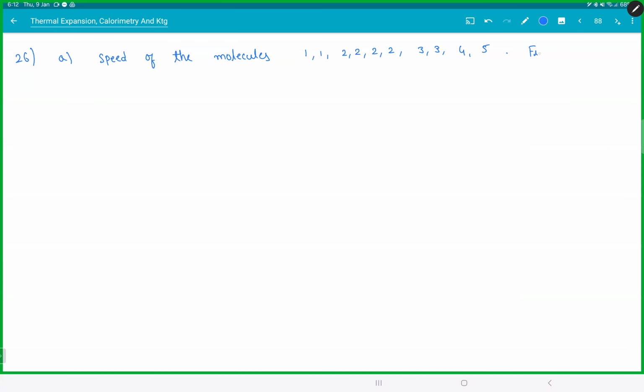Find V probable, V mean, V RMS. Find V mean of oxygen at 300 Kelvin. If V RMS of helium is equal to V probable of hydrogen, find the ratio of temperatures.